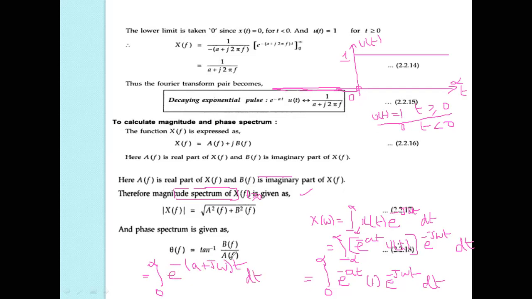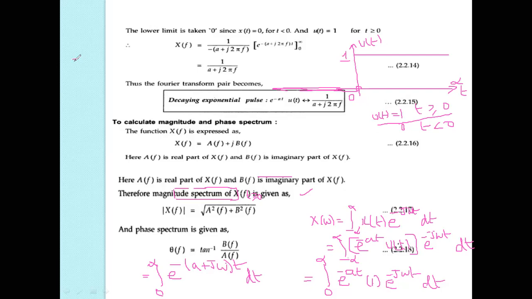We know the integral of e power x, or e power minus x. E power x by 1 with respect to x; and here, with respect to t, whatever the coefficient we have will come in the denominator.